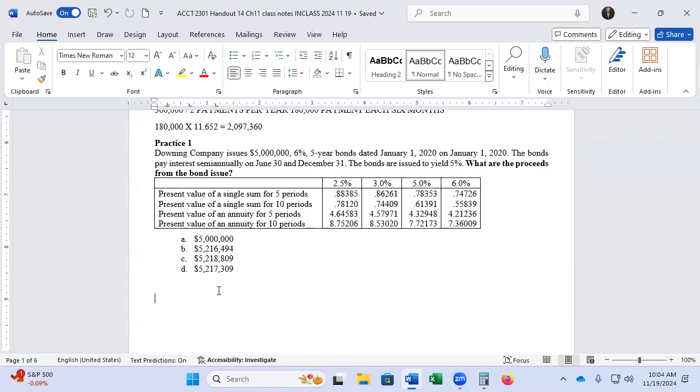Okay, so what am I going to do first? I want to take the present value of the bond principal, and that's 5 million over, we had 5 years and interest paid 2 times a year. And so that's 10 periods.